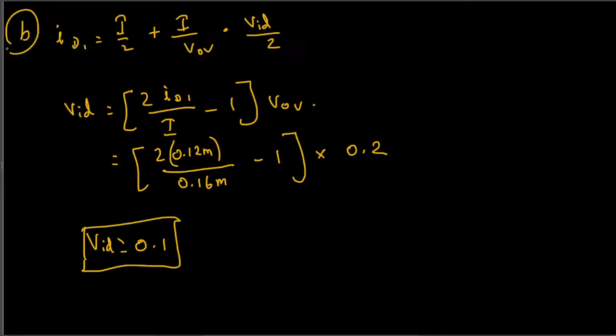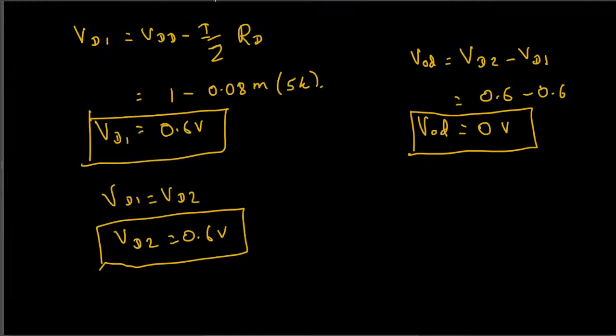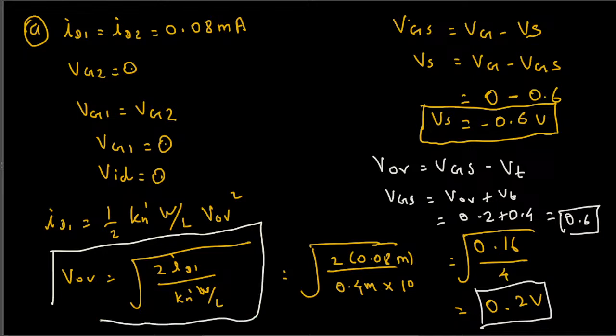Now we are doing the B part of the question, and also we need to find VS, VD1, VD2. To find VS, this equation is useful. I grabbed this equation because I derived it from the current equation. The current equation is given by half Kn prime W over L times V overdrive squared.